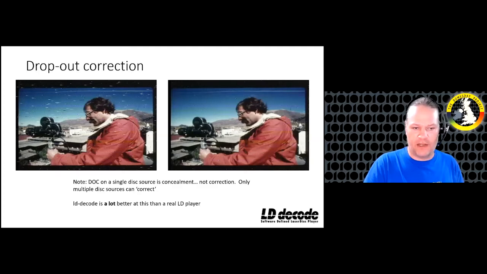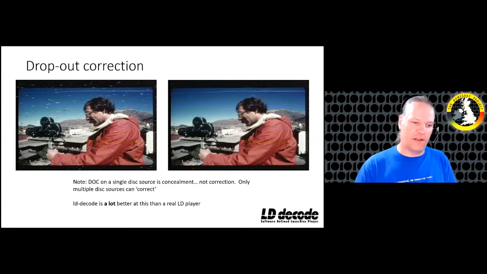But from a single disk correction, the system is able to pull back a pretty good looking picture. Considering this is one of the earliest laserdiscs that we've managed to sample, you can actually see what's going on here. The other thing with dropout correction is that when you have a single disk source, this isn't correction actually, this is concealment.